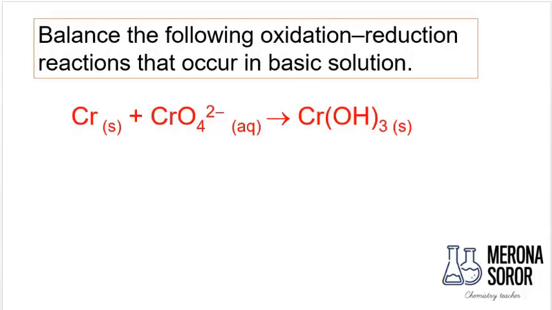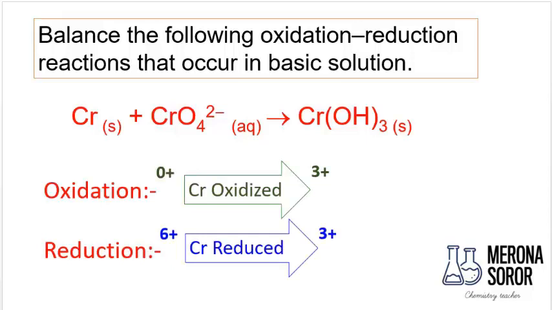Balance the following oxidation-reduction reaction that occurs in basic solution: Cr plus CrO4 2 negative ion gives Cr(OH)3. At the beginning, we have to identify the species that is oxidized and the species that is reduced.